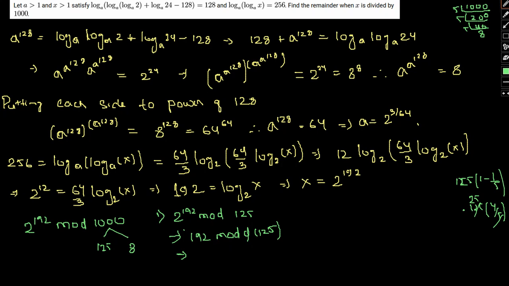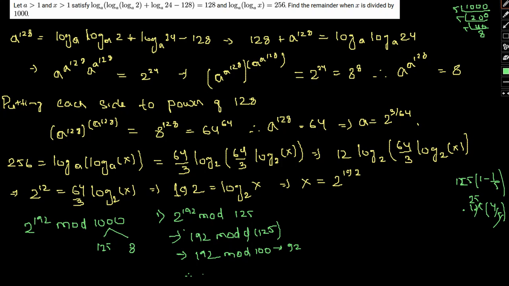So 192 mod 100 gives me a remainder of 92.